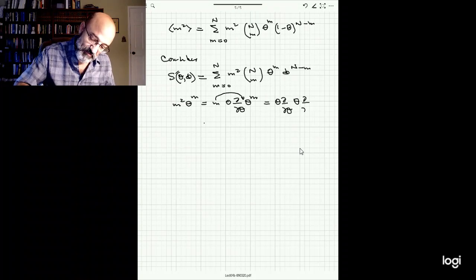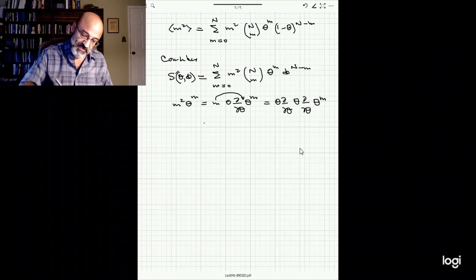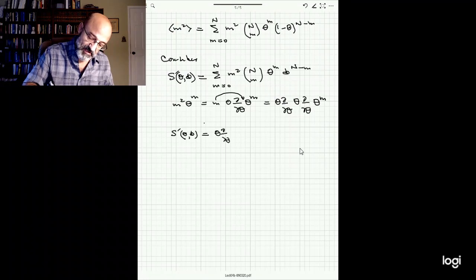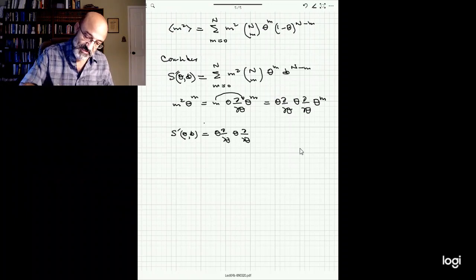So we repeat the same recipe. S prime of theta and phi is going to be theta d theta acting on theta d theta, and then we have the sum without the m's, which is just the binomial theorem.